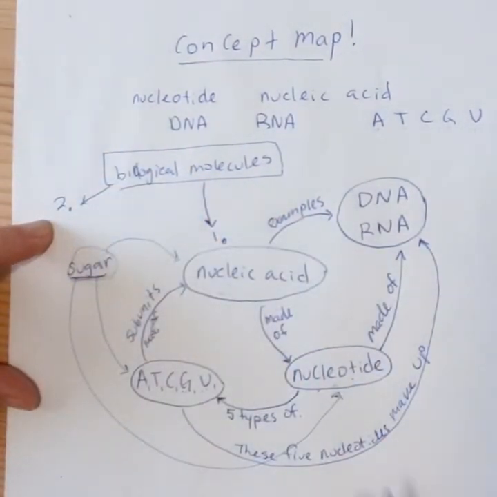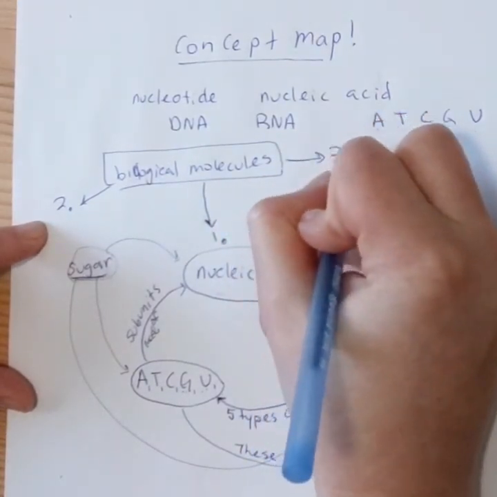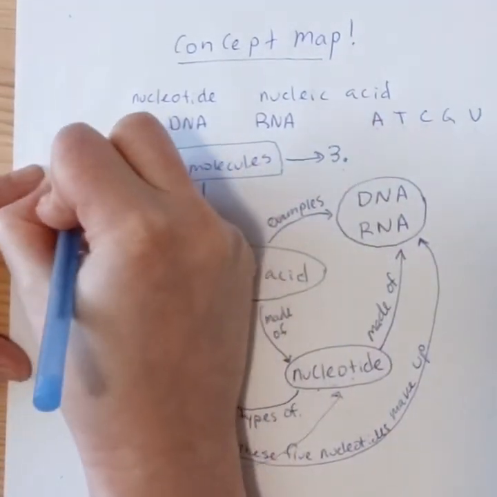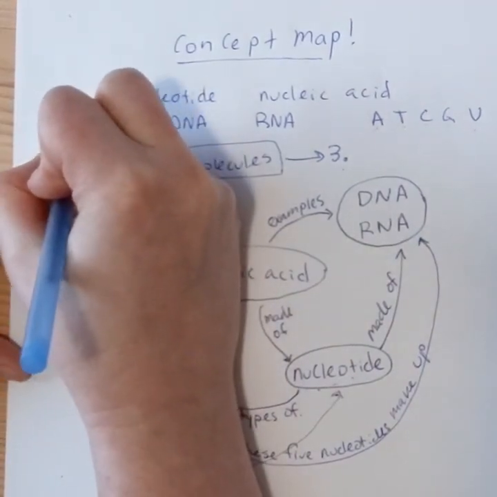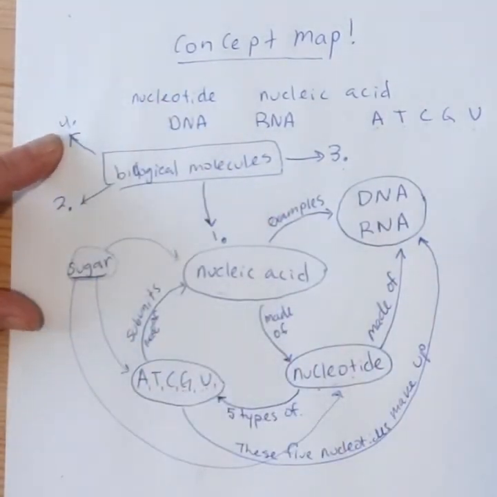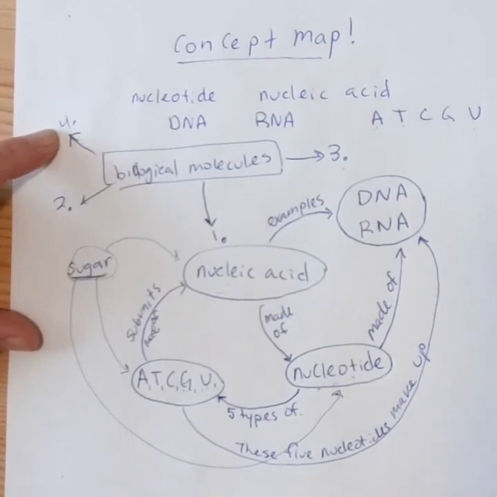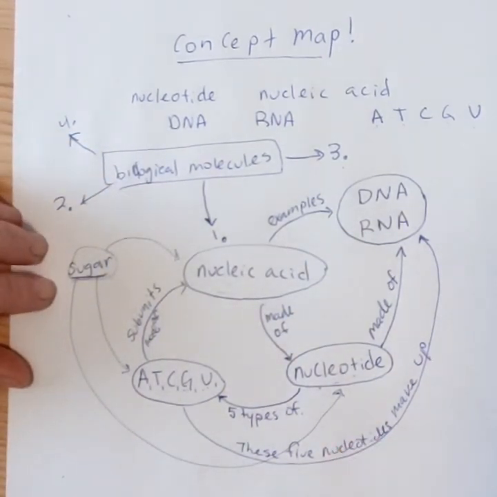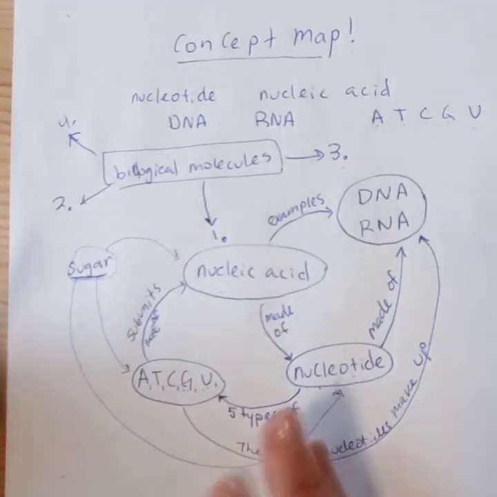You can make a concept map for that. Biological molecule number 3, your carbohydrates. You can make a map for that. And then biological molecule number 4, your lipids. You can make another concept map for that. And then as you go through, see what words fit and what words don't fit. Like if you don't know where starch goes or triglyceride, you know that those are the vocab words that you need to focus on.